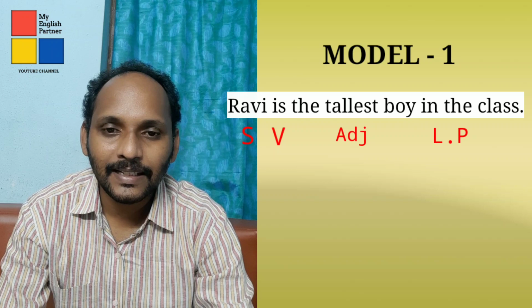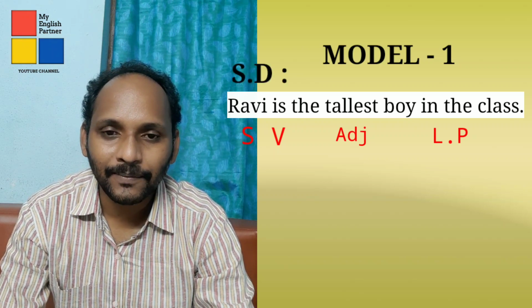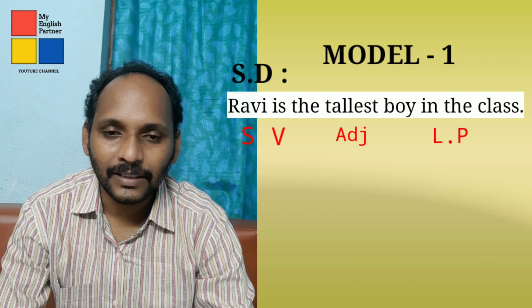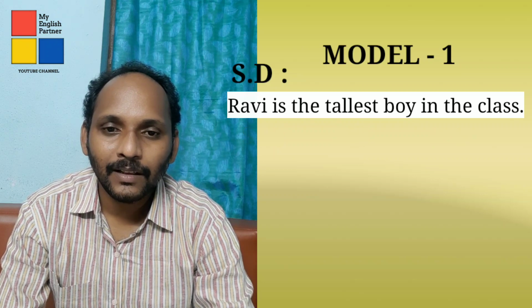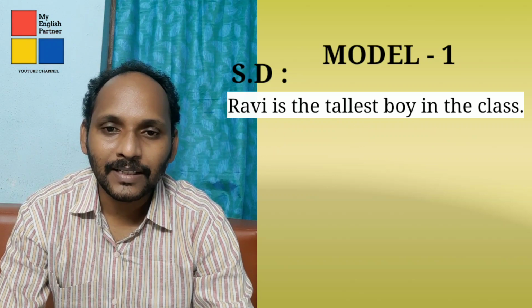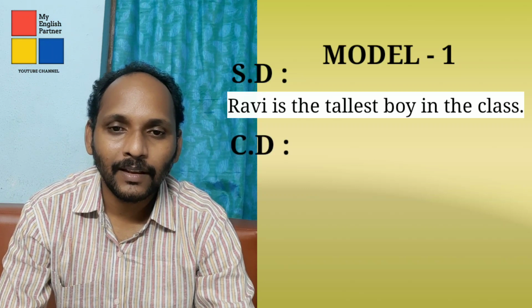Actually, the sentence is in superlative degree. How can we say? The word the with the adjective tallest represents that the sentence is in superlative degree. So we can transform the sentence without changing its meaning into comparative degree.